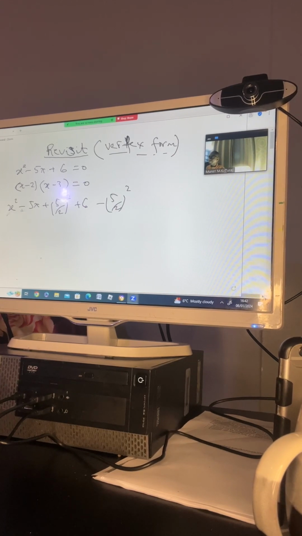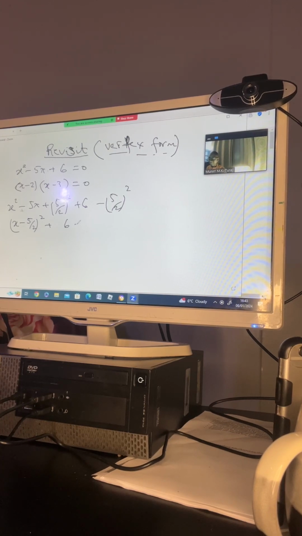Okay, so now this will become (x - 5/2) squared plus 6. Now this 5 over 2 squared covers from here to here. We manipulated this to make this equation conform to this vertex form.